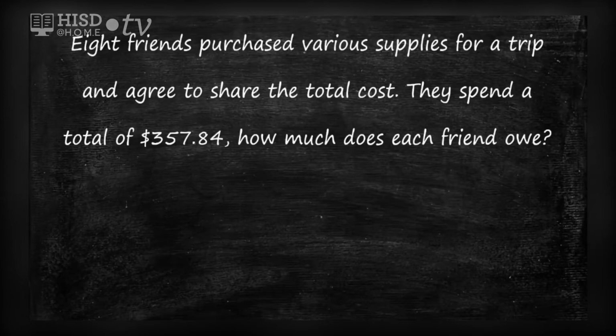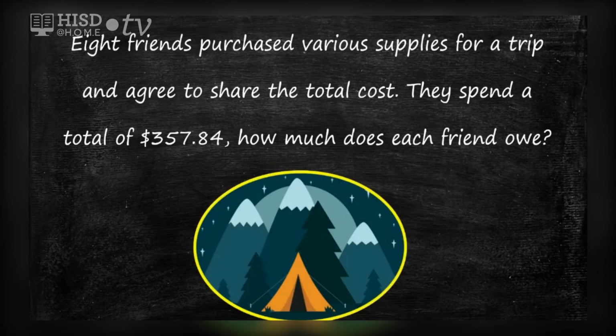And now we're gonna have the following example, and we're gonna be using cubes in order to start solving the problem. So we have 8 friends. That's my first important number. They purchase various supplies for a trip and agreed to share the total cost.